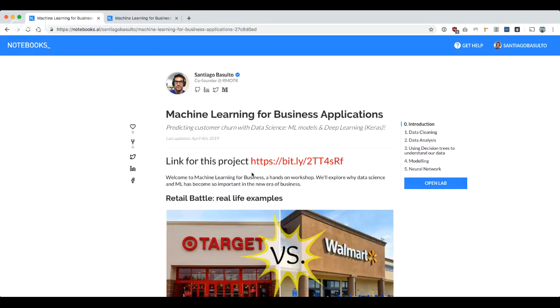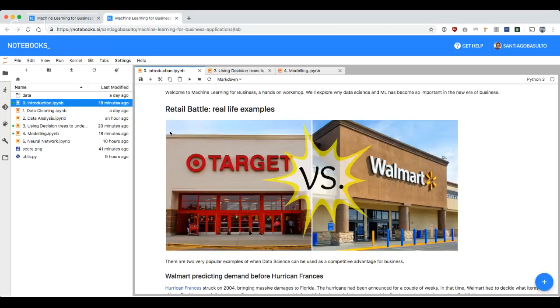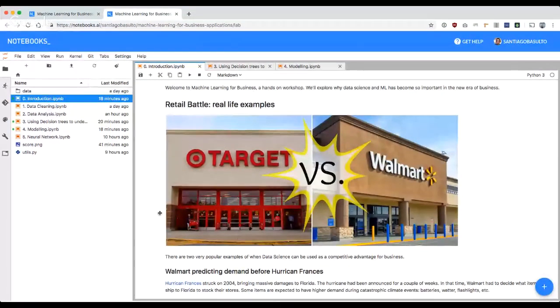Once you fork this project, using the URL that is also in the chat, you will be dropped in this environment, this lab, which is just a Jupyter Lab environment.